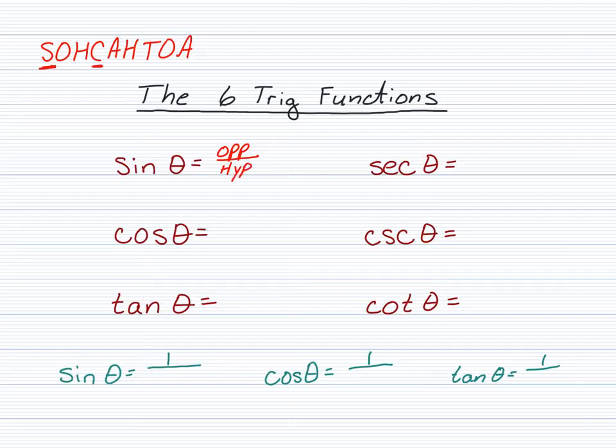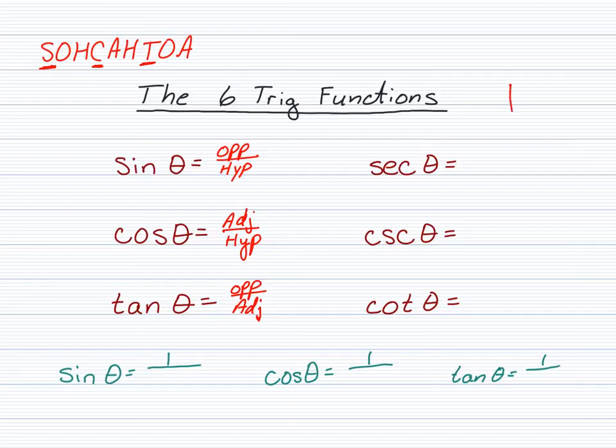The C stands for cosine, and cosine is going to be the adjacent divided by the hypotenuse. And then T is your tangent, and tangent is equal to opposite over adjacent.